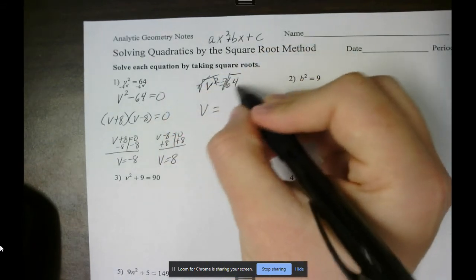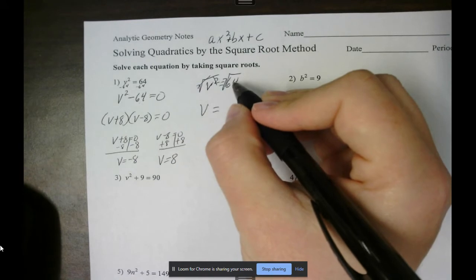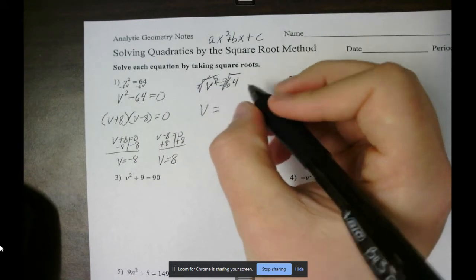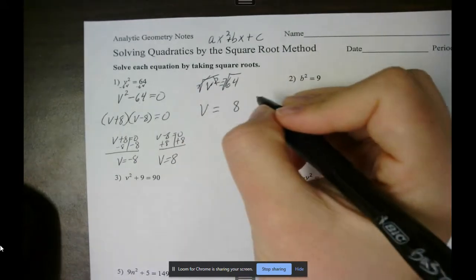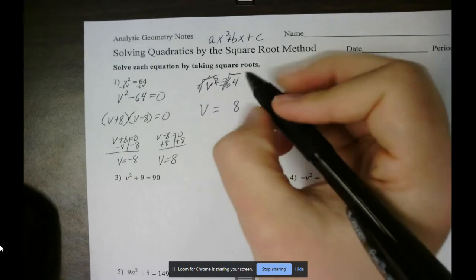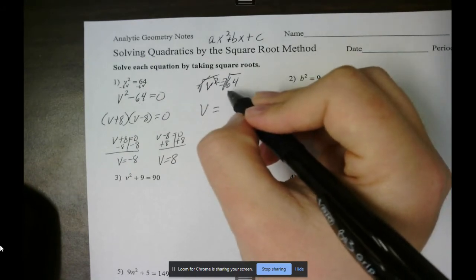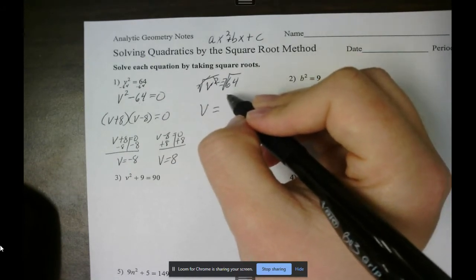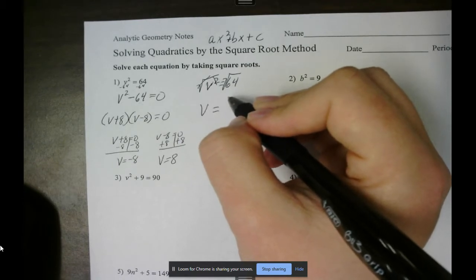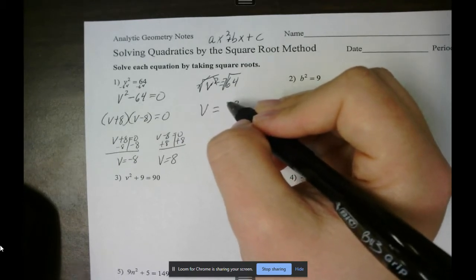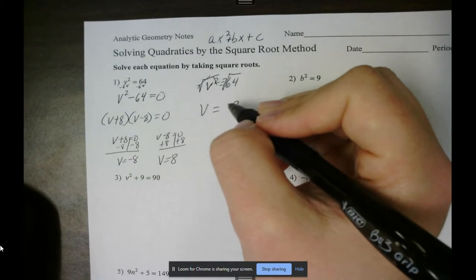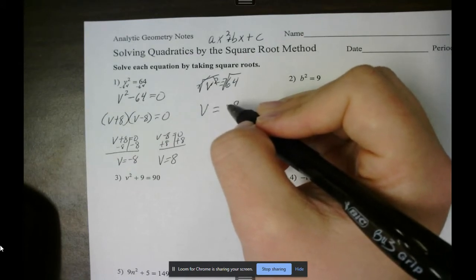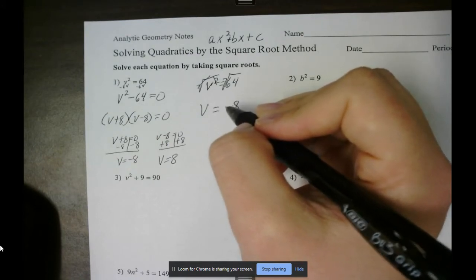Now, anytime you take the square root of a number, right, what's the square root of 64? 8. The only thing that we need to remember is, since it's the opposite of squaring it, there are actually two numbers that you could square to get 64. Positive 8 and negative 8, because negative 8 times negative 8 is also a positive 64.